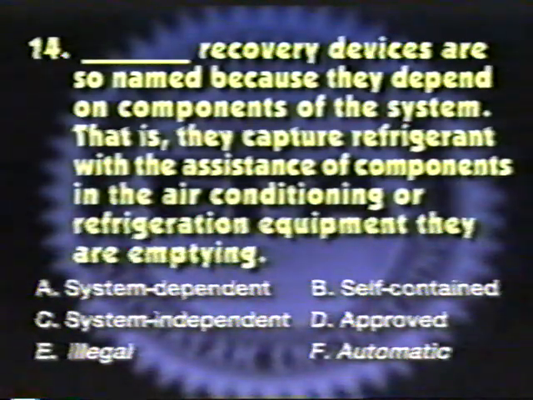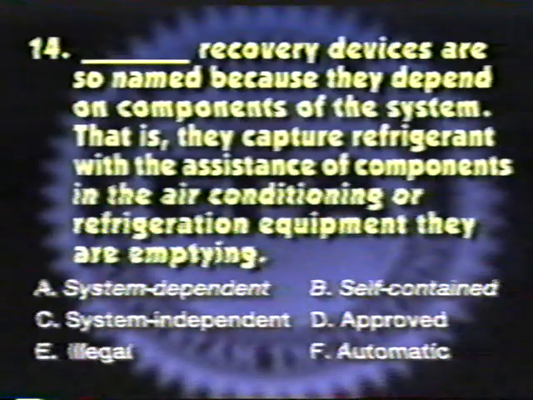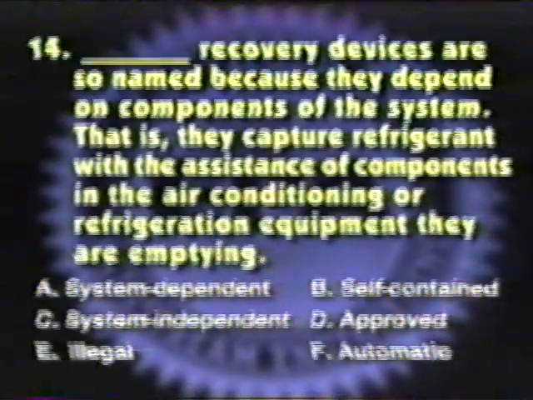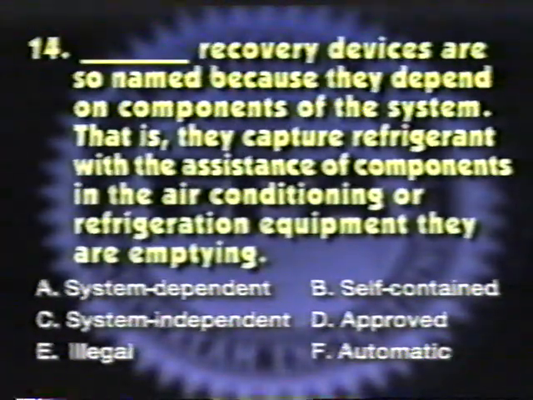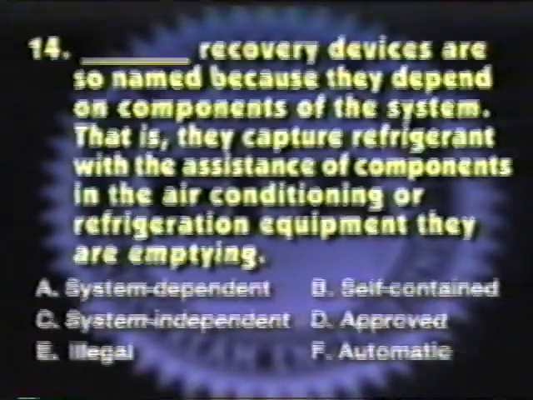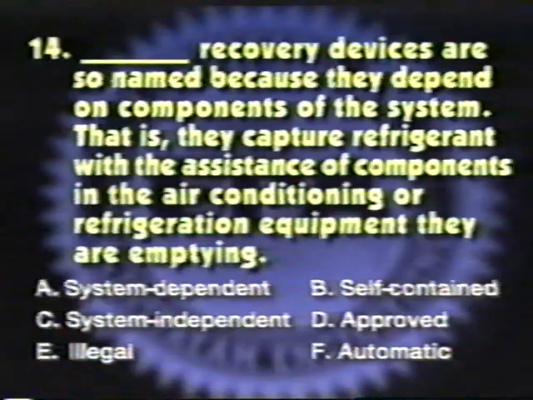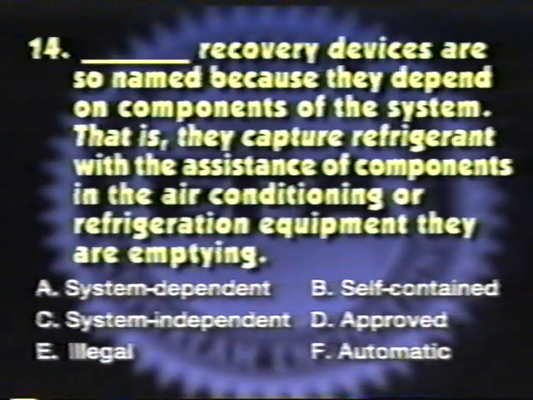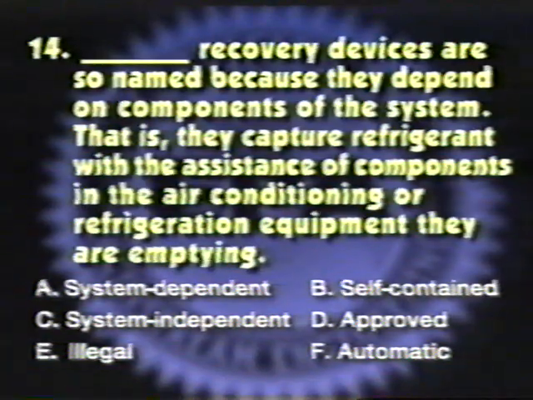Which of the following recovery devices are so named because they depend on components of the system? That is, they capture refrigerant with the assistance of components in the air conditioning or refrigeration equipment they are emptying. A. System dependent. B. Self-contained. C. System independent. D. Approved.